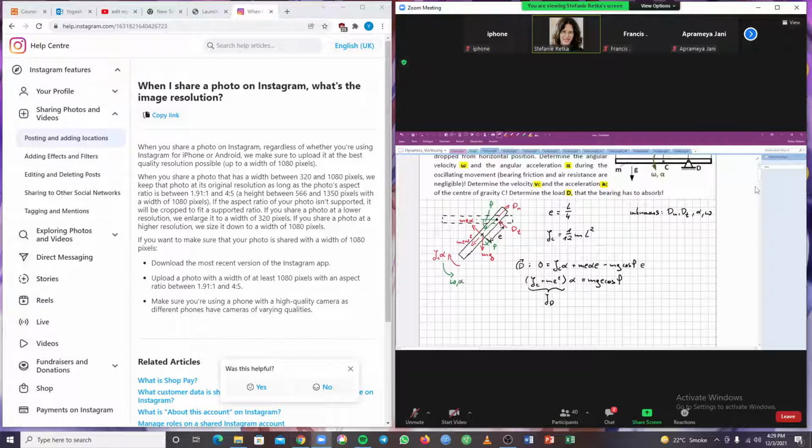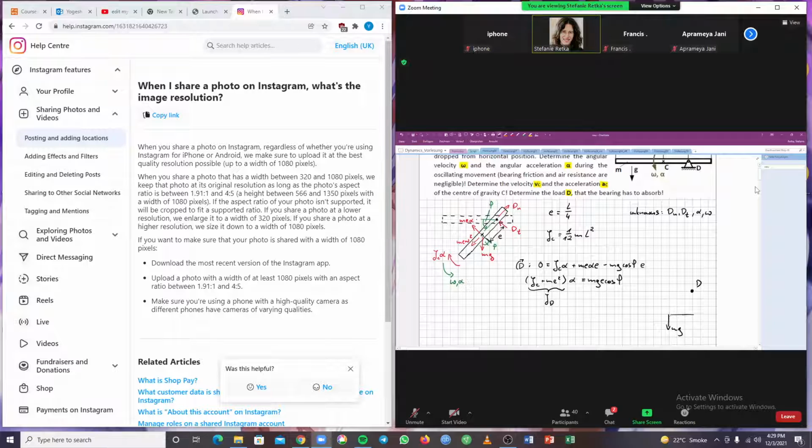There's a question in the chat. Initially, we never had an angle. Why decompose? Well, because if this is the point D and this is where the force of gravity acts, this is our lever arm, right? And we do not know this lever arm. So we need to decompose either the lever arm using the angle or the force of gravity.